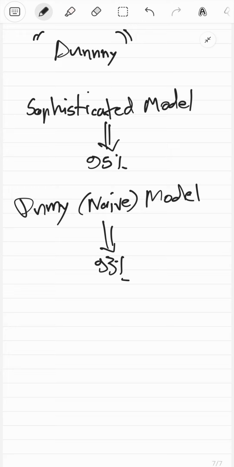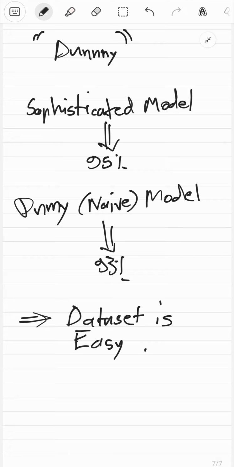Then you should probably be concerned, because what that means is that the data set is really poor. That implies a bad scenario, that the data set is easy. So just be aware that high accuracy does not mean a better model.